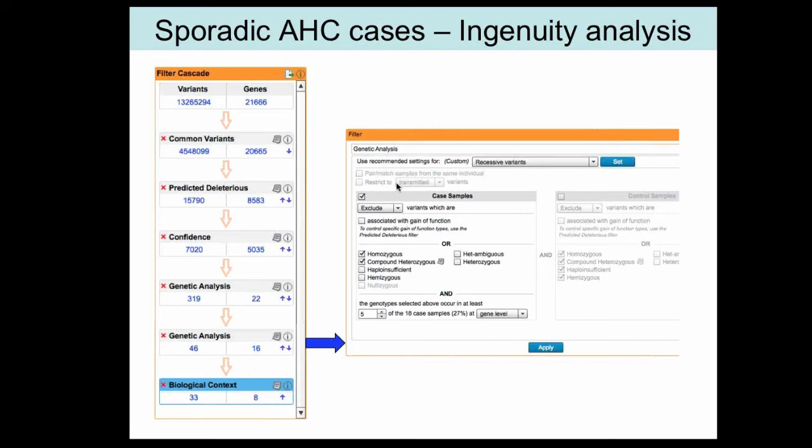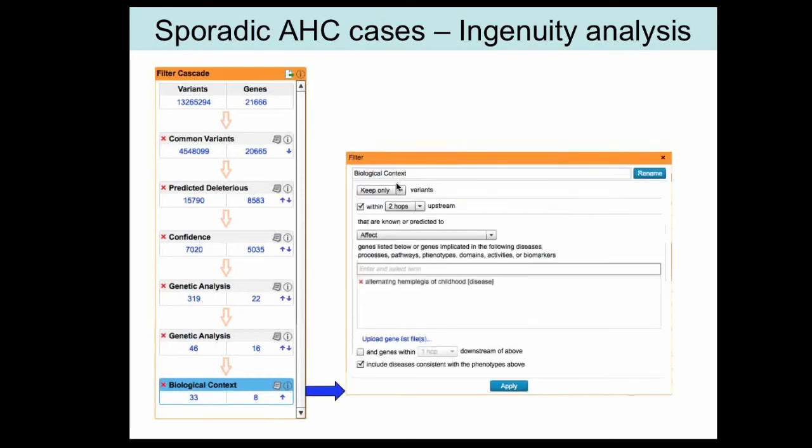And then finally, there is this filter for biological context, to reduce the number of variants here from 46 down. And in this case, the logical thing to do was to say, I want to keep variants that affect or are known to affect alternating hemiplegia of childhood.